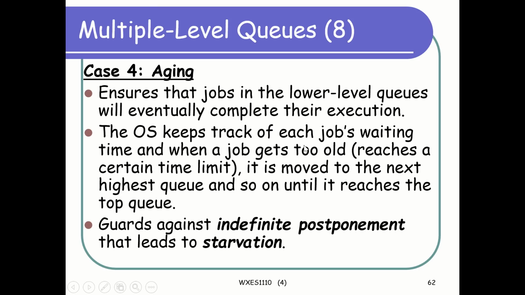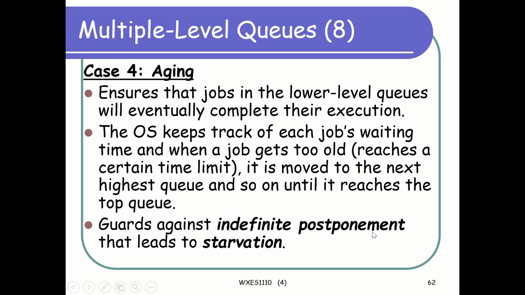The OS keeps track of each job's waiting time, and when a job gets too old, reaching a certain time limit, it is moved to the next highest queue, and so on until it reaches the top queue. So you've been here for so long, I will give you high priority so that you can be removed faster.